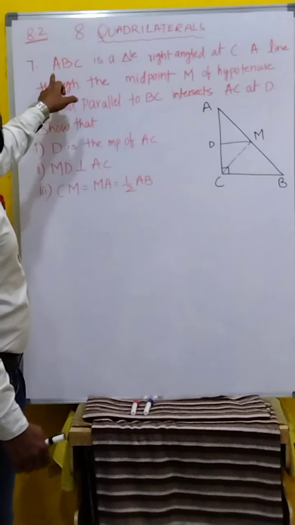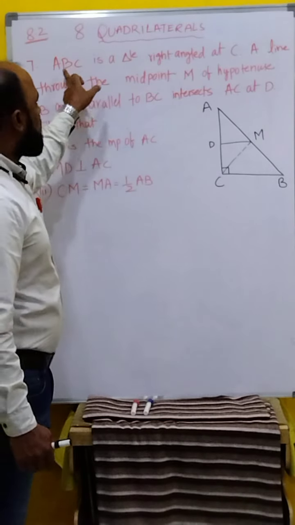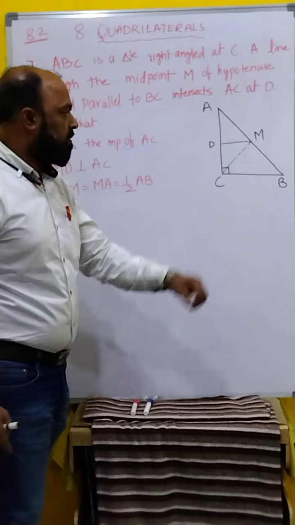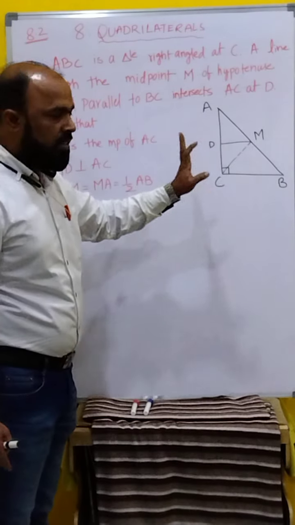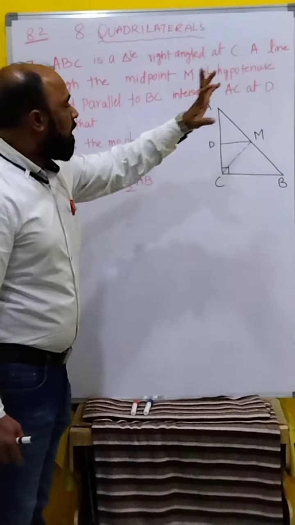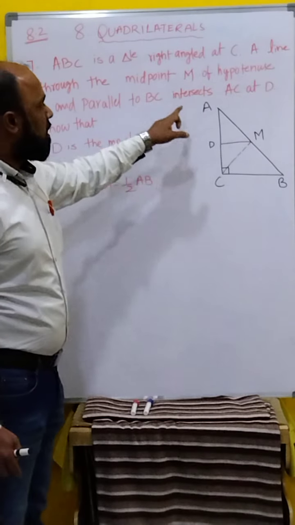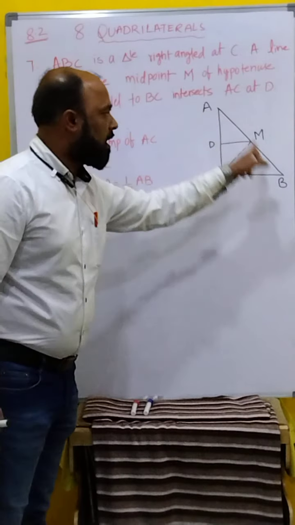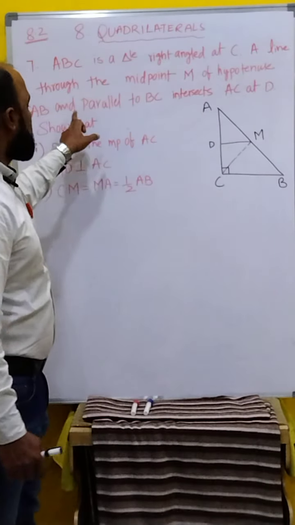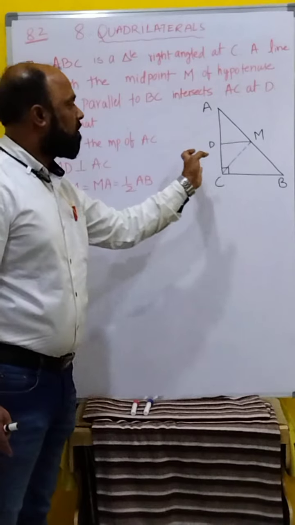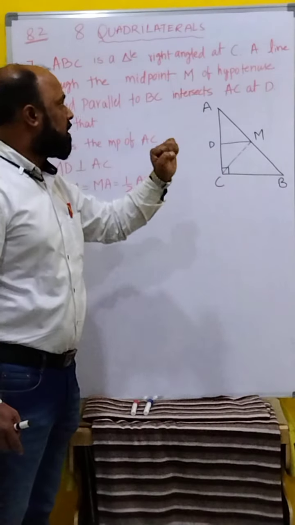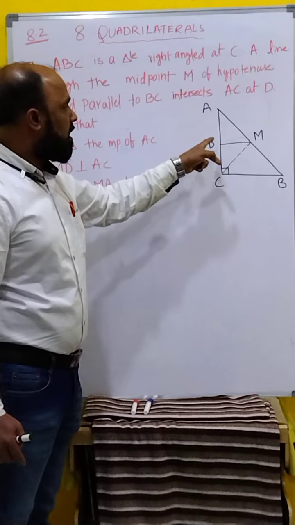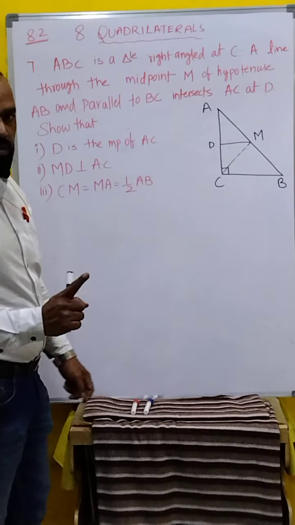Triangle ABC is a triangle, right angle at C. A line through the midpoint M of hypotenuse AB, parallel to BC, intersects AC at D. That is given.